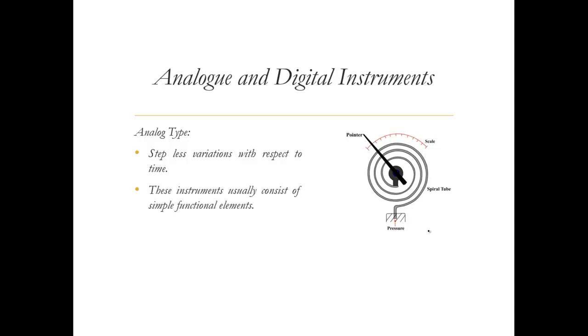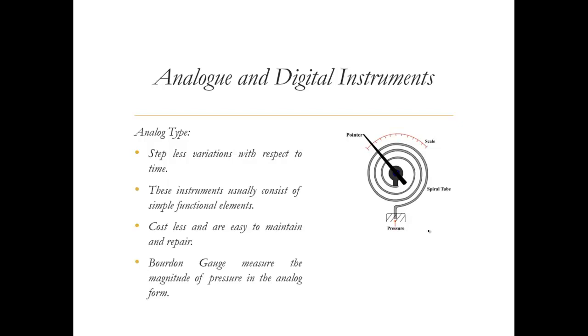These instruments usually consist of simple functional elements. We have a very simple tube and then a pointer. These are relatively low cost in terms of mechanical. If we talk about mechanical instruments which are analog in nature, or even electrical ones, they are cheaper and easy to maintain and repair. An example could be the Bourdon tube gauge. The output generally could be something like this.